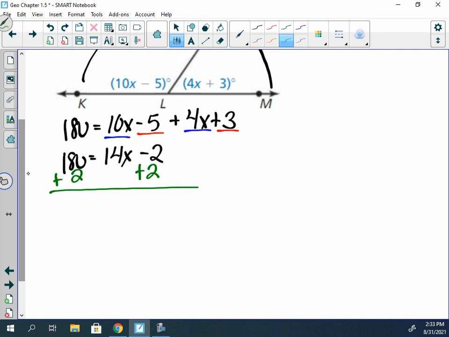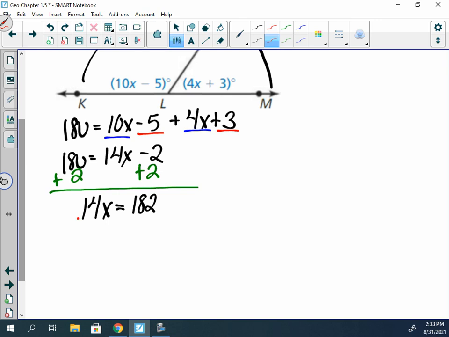We can add 2 to both sides, which tells us that 14x is equal to 182. I flipped the sides of where x is, and that's fine, because equality means 182 is still equal to 14x.